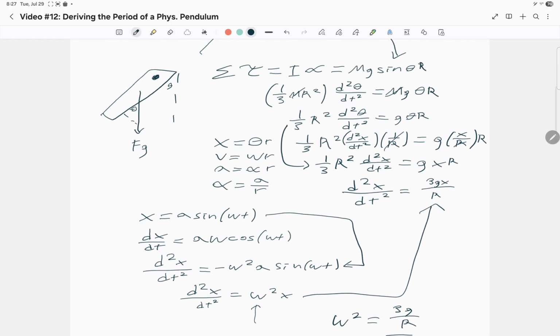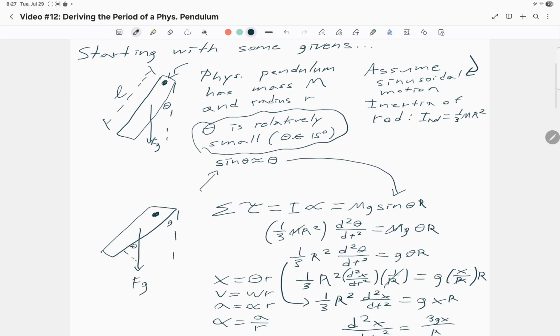So that was quite a lot of work here. The only real mistake I made was forgetting to multiply times the radius when we're looking at our torque here. Our torque has to be in units of newton meters, and this was only in units of newtons. So you needed to multiply times the radius to get the right units, of course. That makes sense logically.